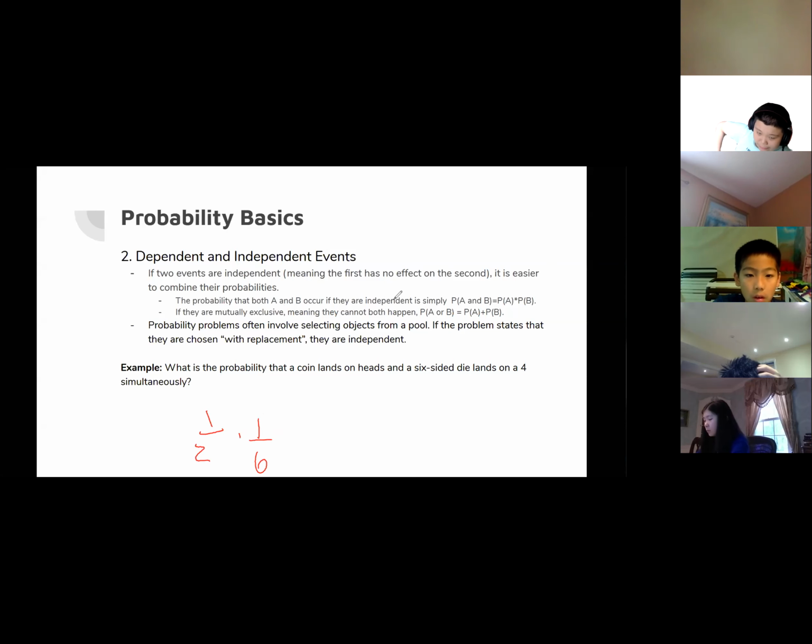You have 6 outcomes for the die, exactly one of them is a 4, and these are independent, so you multiply them and you get your answer, 1/12. Does anyone have any questions about counting or probability so far?